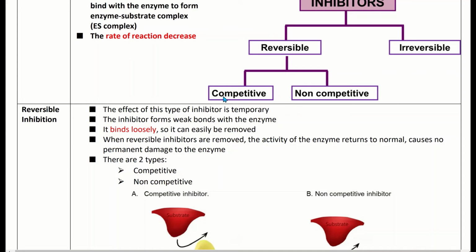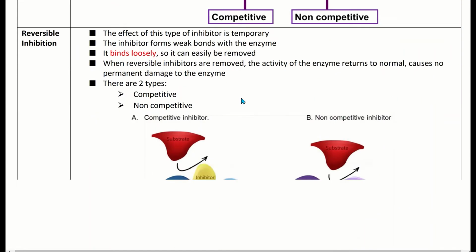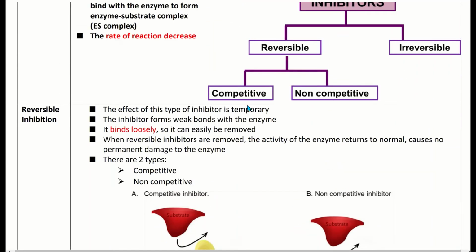So bila nampak kompetitif ni, inhibitor jenis kompetitif dia berlumba dengan substrate to get into the active site. Okay, kalau non-kompetitif, inhibitor jenis non-kompetitif dia bind dekat tempat lain. Dia bind dekat allosteric site, bukan active site. Okay.